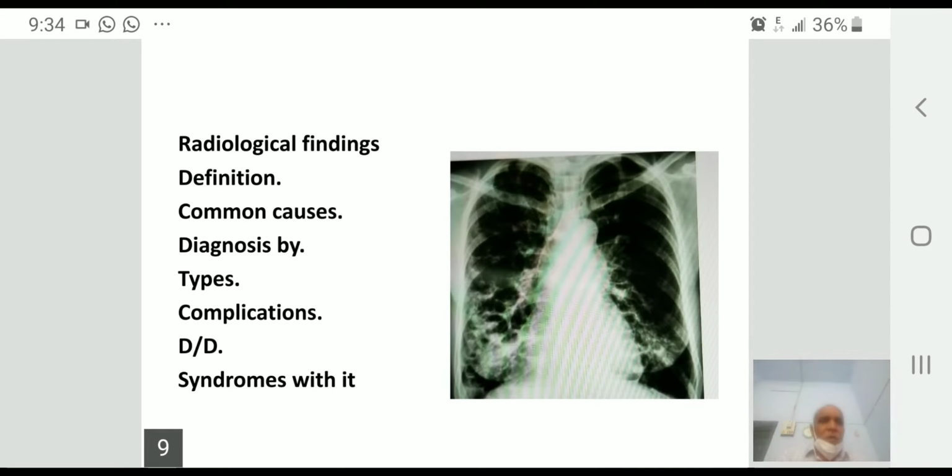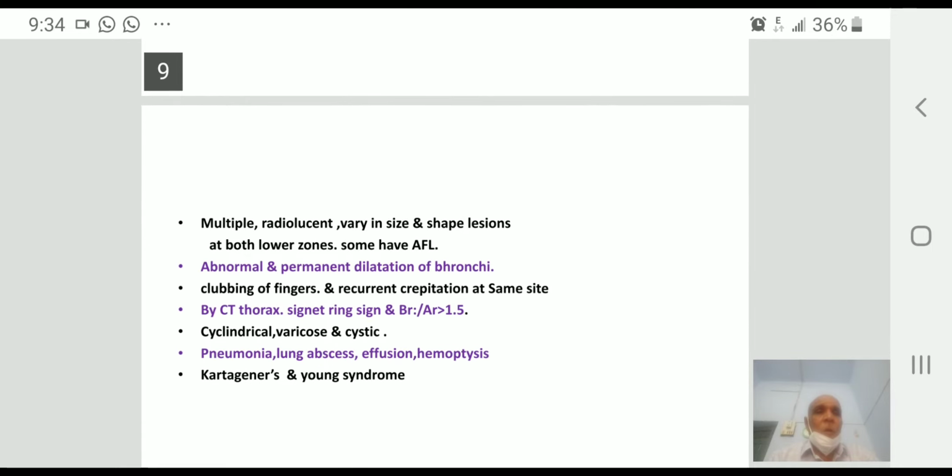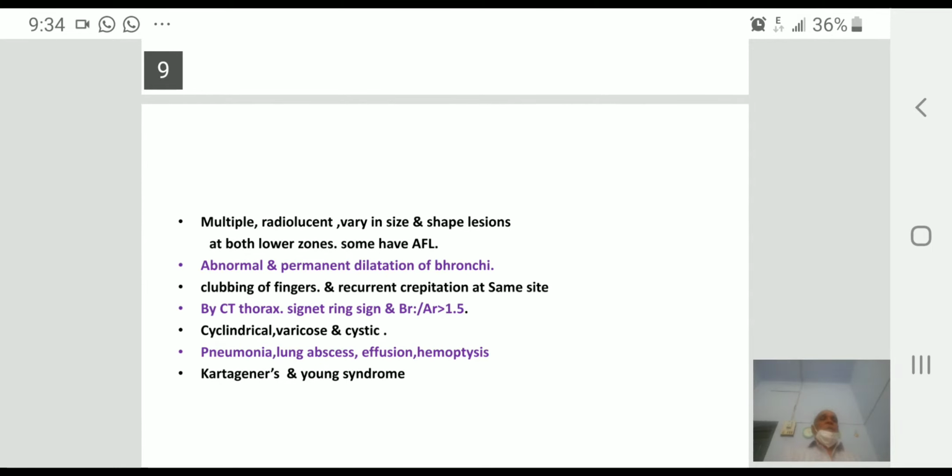There are radiolucencies of multiple variable sizes and shapes situated at the right middle and right lower, left middle and left lower zones. So the diagnosis is bronchiectasis.